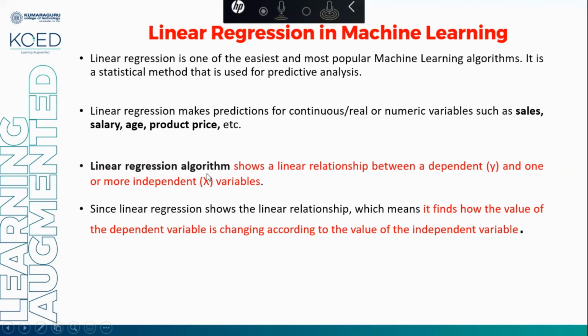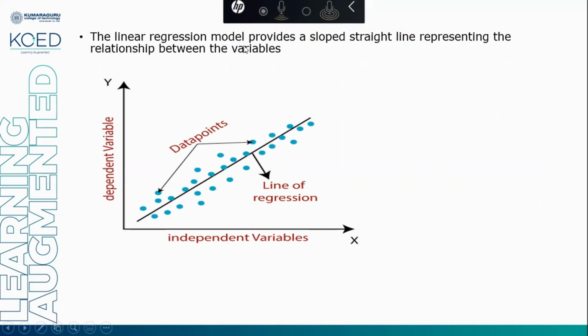Since linear regression shows the linear relationship, it finds how the value of the dependent variable is changing according to the value of the independent variable. The linear regression model provides a sloped straight line representing the relationship between the variables.